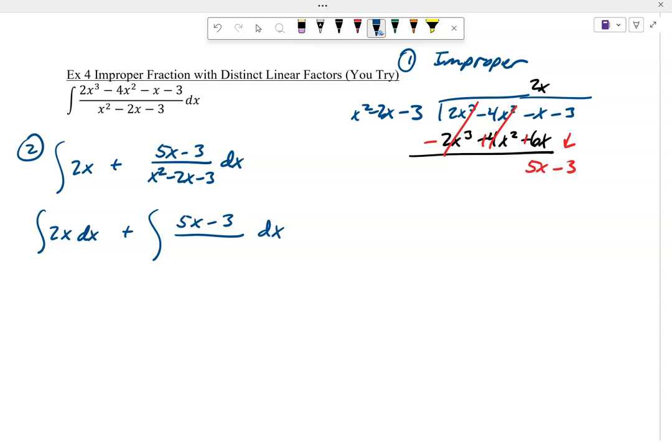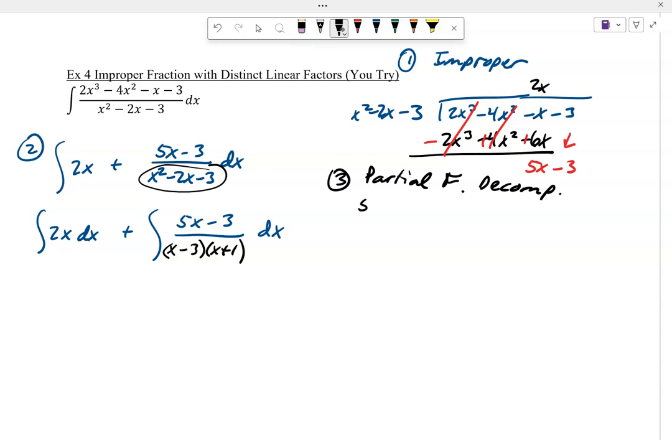Now we know we're going to have to do the partial fraction decomposition, which means I factor the denominator, right? Factor the denominator. So let me go to the side and do this partial fraction decomposition part. So we're trying to break this down.